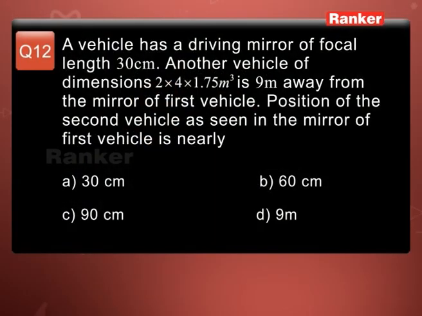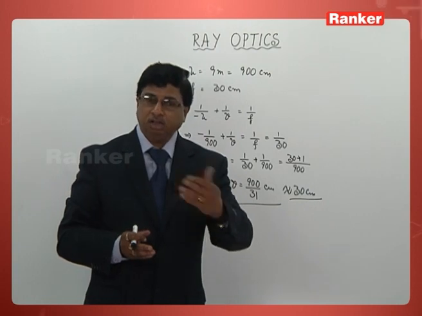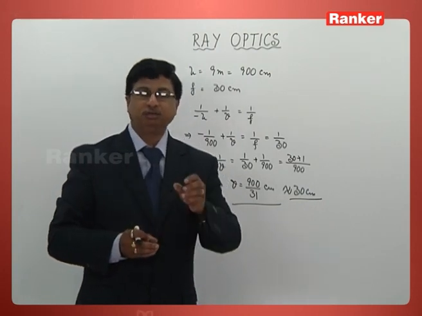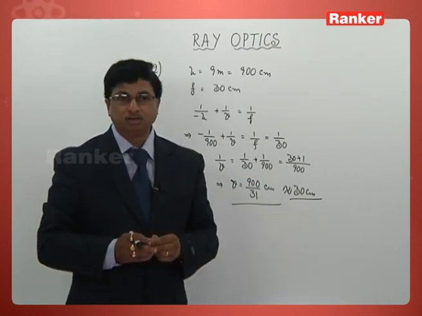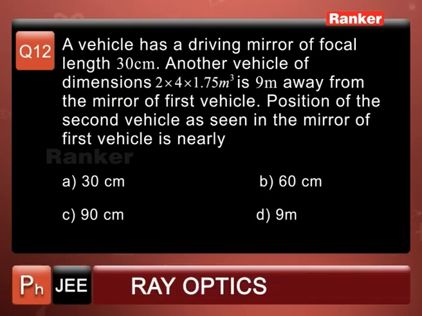The options are 30, 60, 90, there is a wide variation. So whenever he asks nearly, the one which is very close to your calculated value, you can adopt that answer. In this case, it is nearly 30 centimeter, which of course tallies with the very first option, that is A for us.